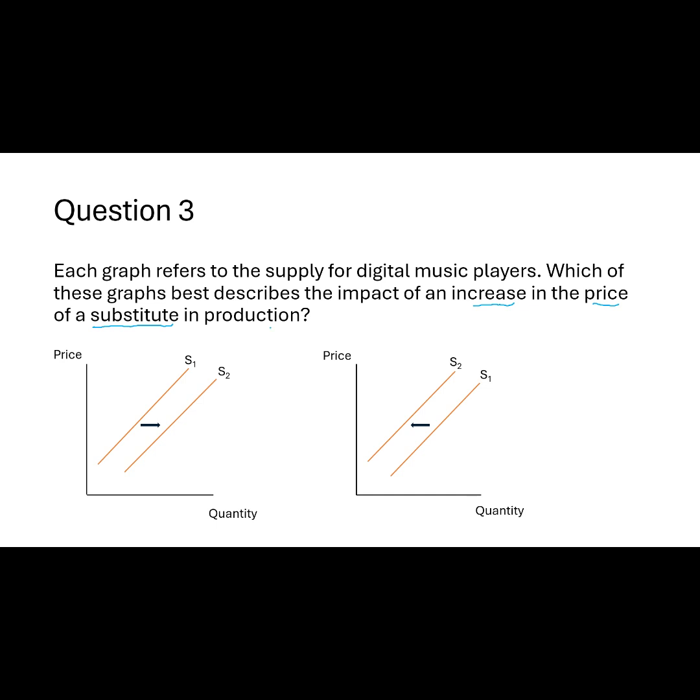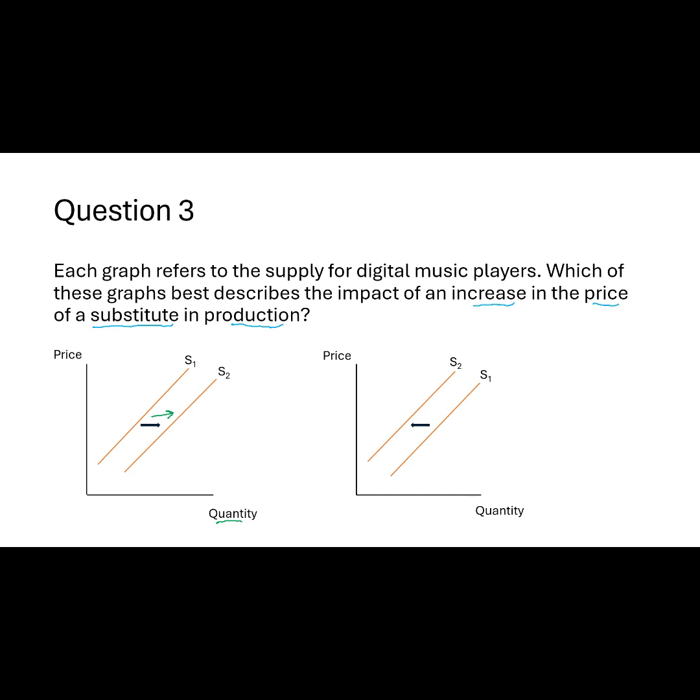Production would imply the future. So what would happen to the supply of digital music players? Well, in this case, the supply is going to increase. So it's going to go from S1 to S2, and so therefore it's going to go to the right because we're going to have an increase in quantity, because producers certainly want to get a higher price if they can.